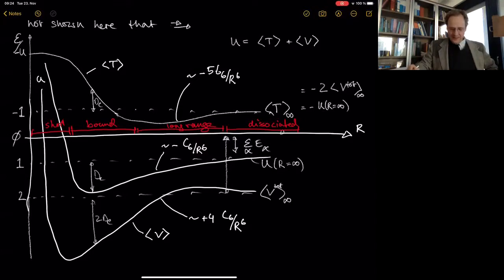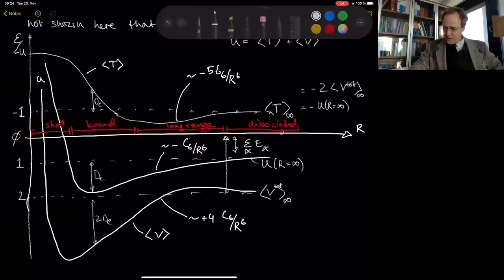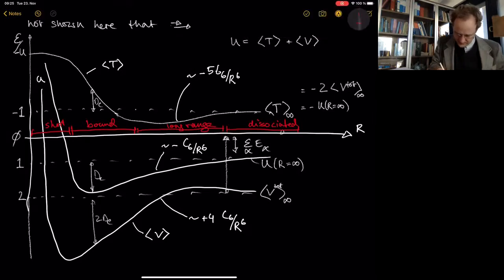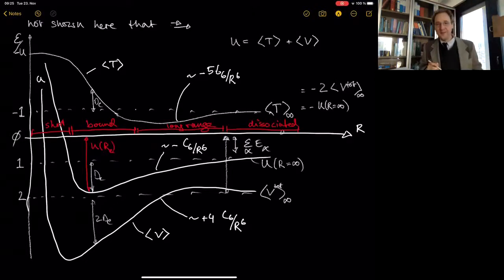Now, in the equilibrium case, you have a total energy at the equilibrium distance, right?